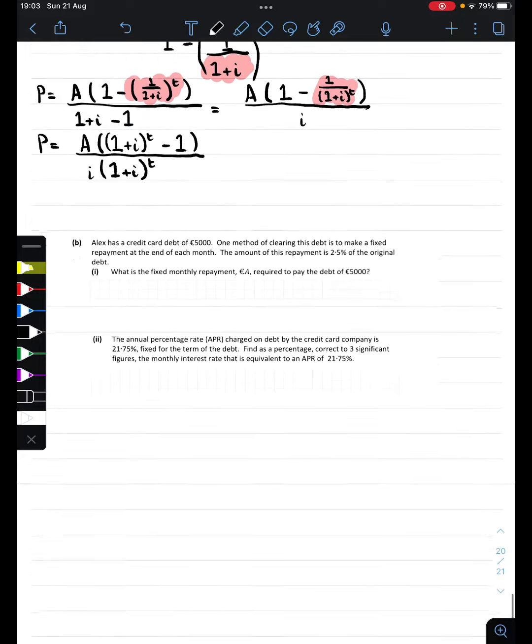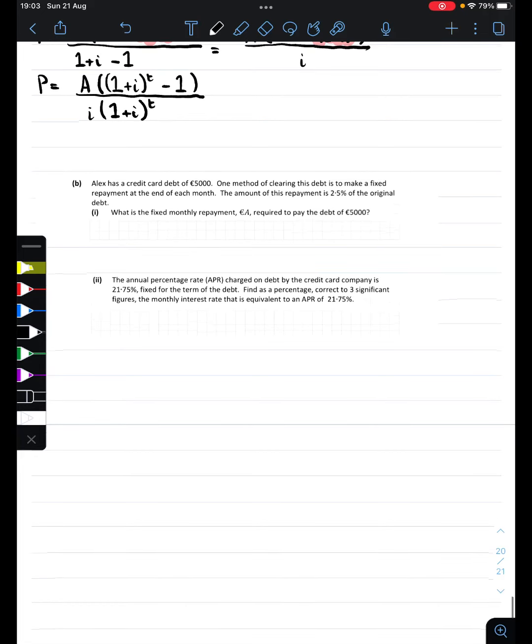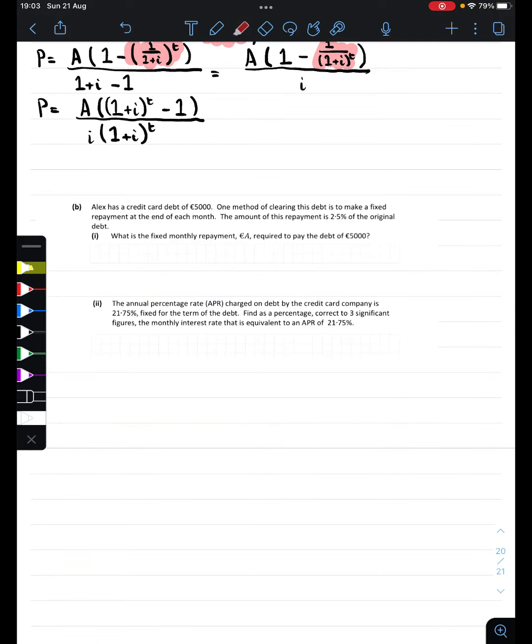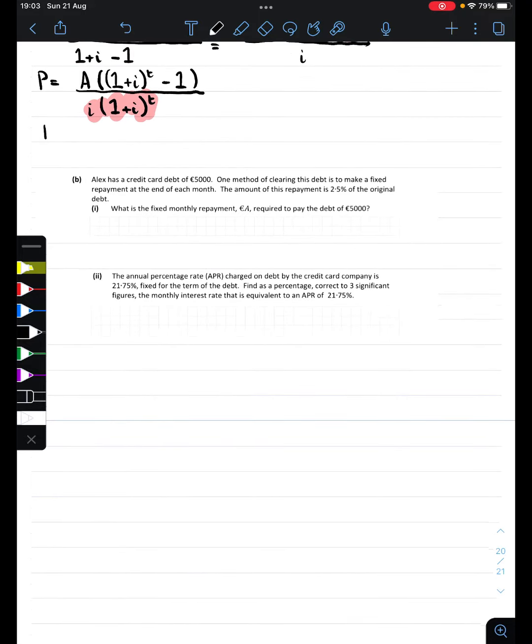Okay, and now we're most of the way there. I actually don't even know what it is we're trying to show. I just know that we're trying to find an expression for a. So then if we try and isolate a here, we'll multiply both sides by this denominator, how we would typically work with a fraction. So we get p by I times 1 plus I to the power of t will equal a by 1 plus I to the power of t minus 1.